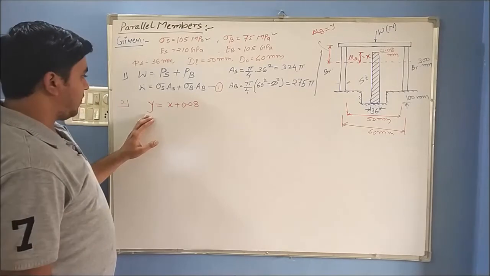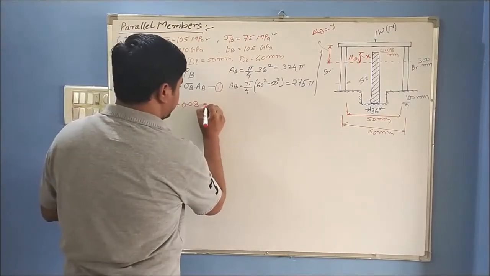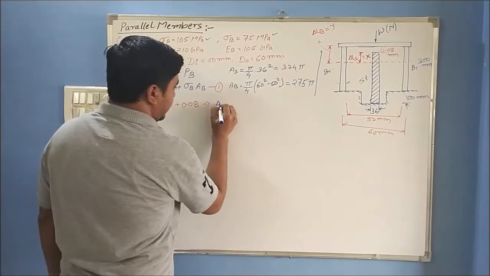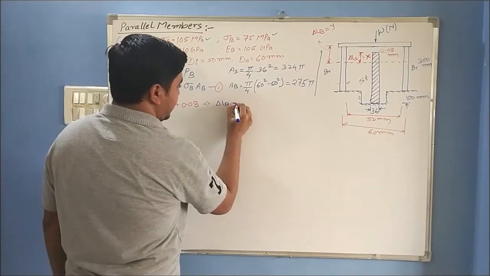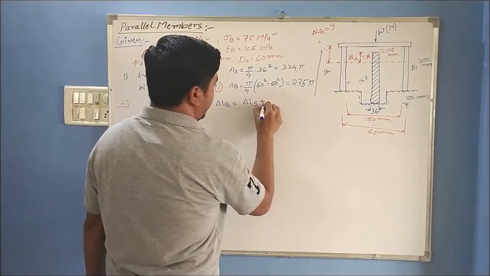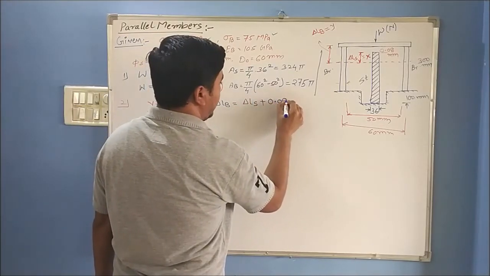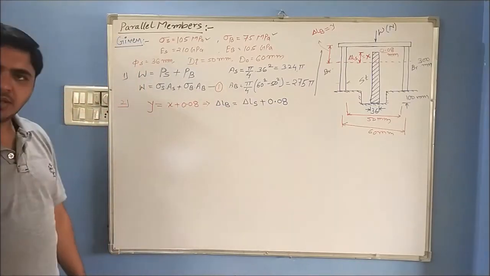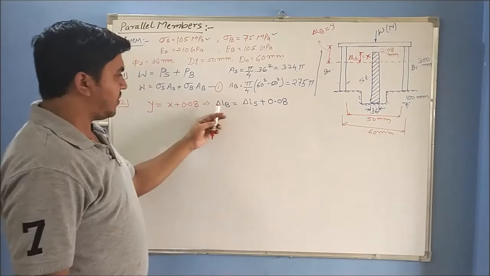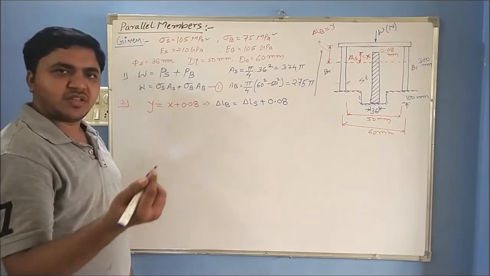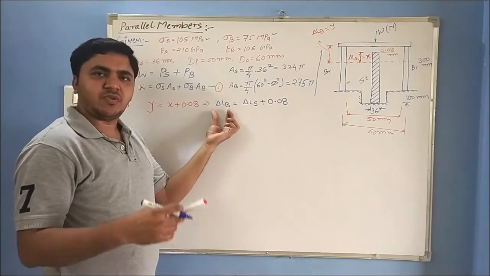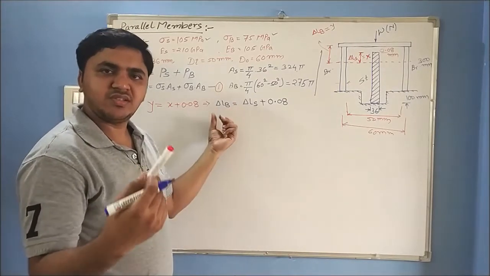We know the value of y is delta L of brass, and the value of x is delta L of steel, plus 0.08 mm. Now we'll put down delta of brass and delta of steel. Delta of brass is what? We know the equation is PL upon AE, but we'll use the equation in terms of stress.